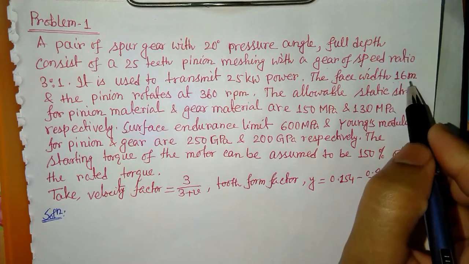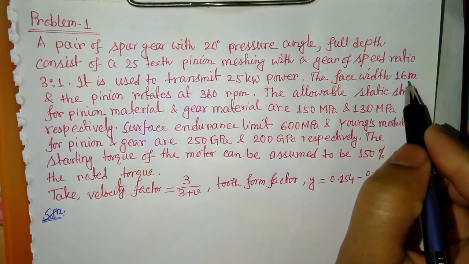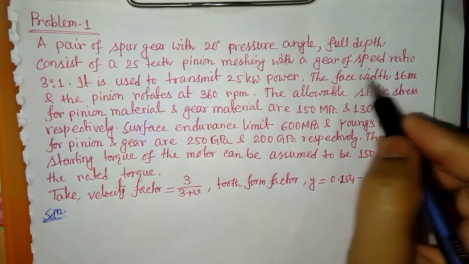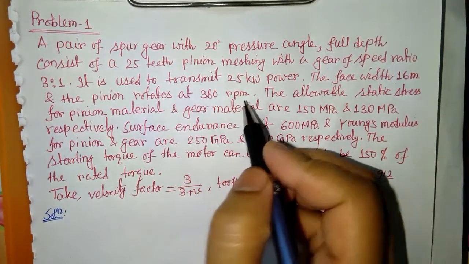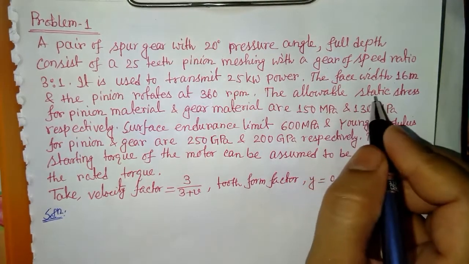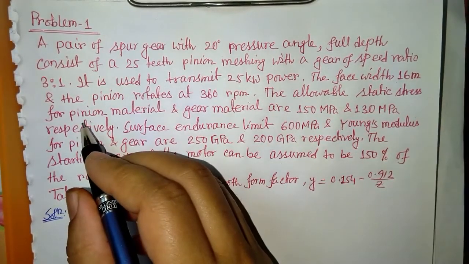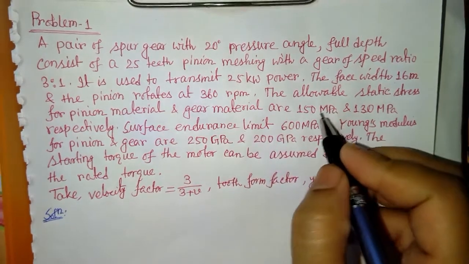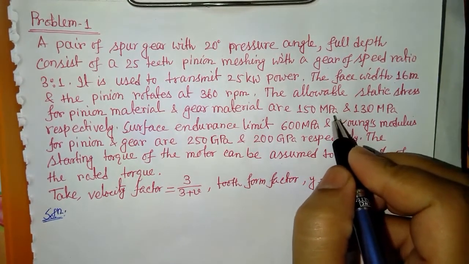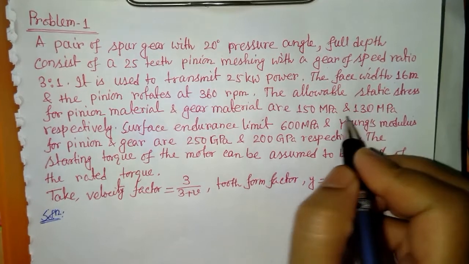It is not meter, keep it in mind, this is 16 m, m for module, and the pinion rotates at 360 rpm. The allowable static stress for pinion material and the gear material are 150 megapascal and 130 megapascal.